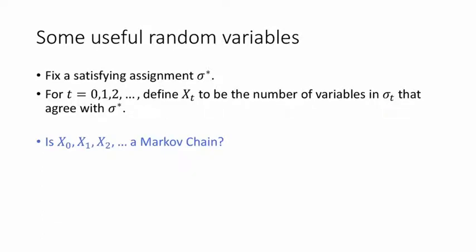So now here's a question for you. We've just defined these random variables x0, x1, x2, and so on. And we've defined xt in terms of some stuff that happens to come before xt. Because this is a video on the applications of Markov chains, you might expect that x0, x1, x2 is indeed a Markov chain.